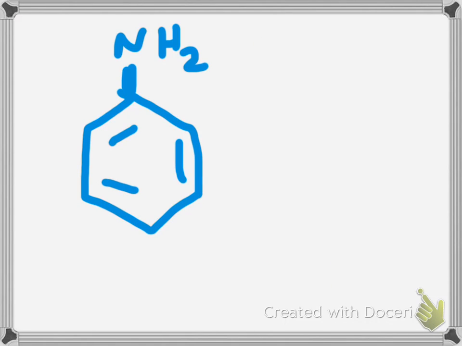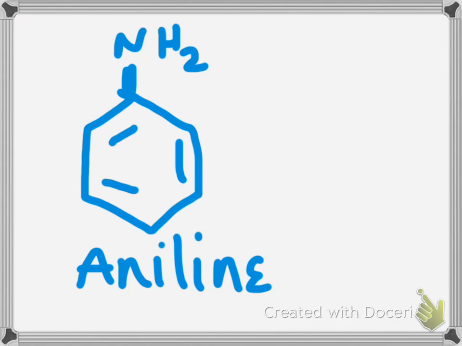Now, if it's a benzene that has the amine hanging off of it, that has a special root word. That's called aniline. So, just like what we've seen with other benzene substituents, if we have something hanging off of that, then we can either use the letter locant for the position or the number position.